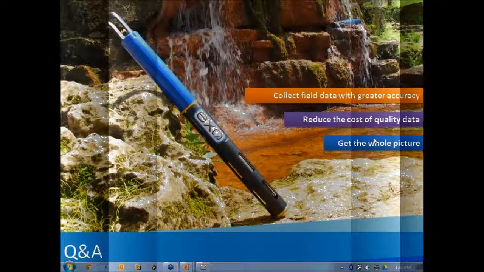Great. One question came in here about calibration, and this is actually pretty exciting. They asked, do you have to swap the sensor out every time you calibrate the zero? What's nice about EXO is you can fill a cup with zero DI water and calibrate all of your zeros at one time without removing those different sensors and channels.